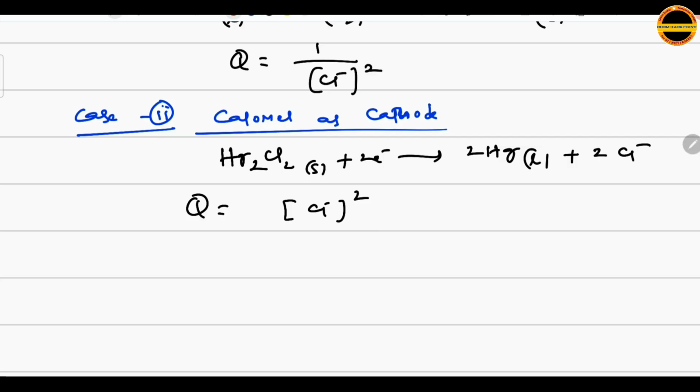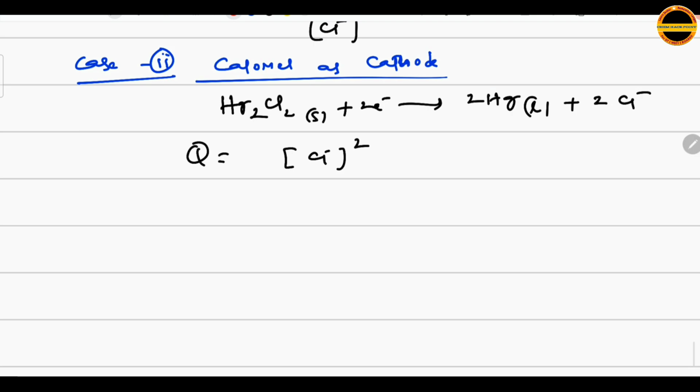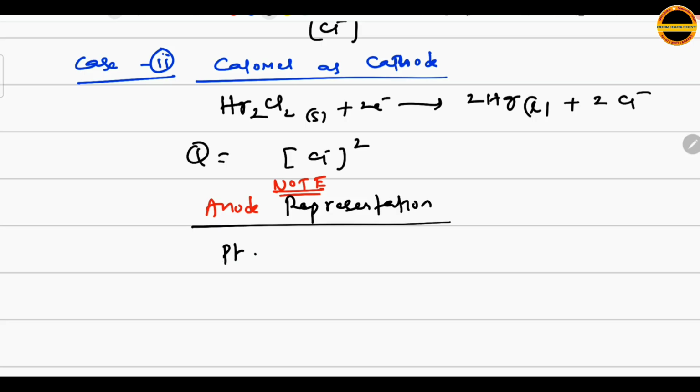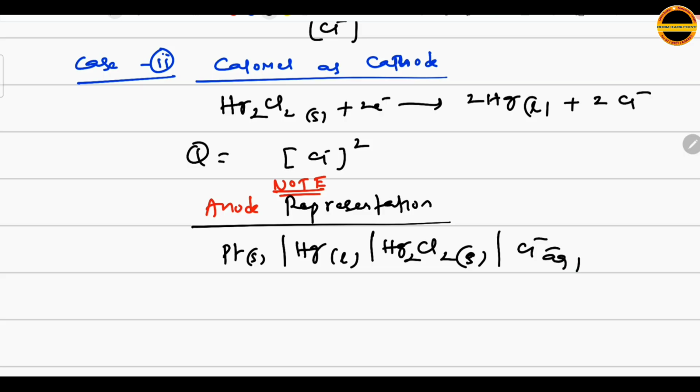So see the anode representation and cathode representation. The anode representation for the calomel electrode: platinum solid, Hg liquid, because mercury from 0 state is converted to Hg2Cl2, that's why we write it first, then Cl minus aqueous.